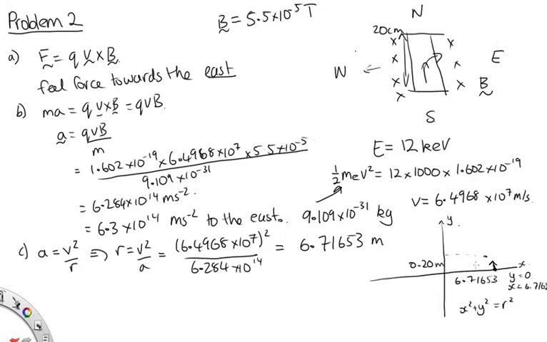So what we need to do now to work out the deflection is work out how far it's travelled in the x direction. So we can use this formula. To find the final position, we can use x final squared plus y final squared is equal to r squared. So x final squared is equal to r squared, which is 6.71653 squared, minus y final squared, and the final height is 0.20 squared.